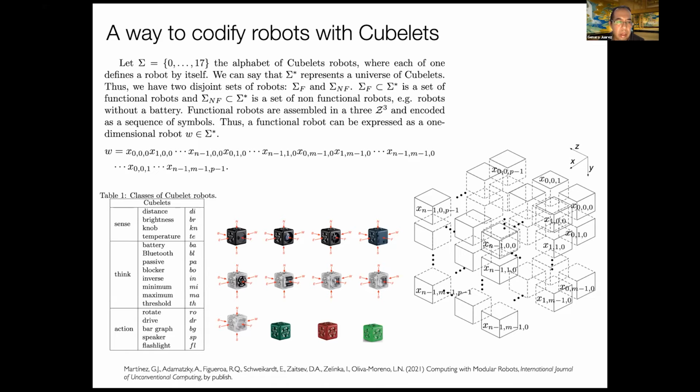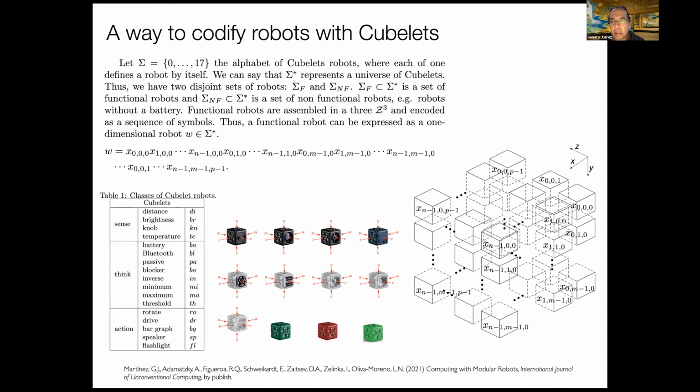We only need to specify what kind of robot we need. In this case, the Cubelets robots have 3 essential characteristics. One set of blocks are the sense blocks, that is distance, brightness, knob, or temperature. The other blocks are considered for think.